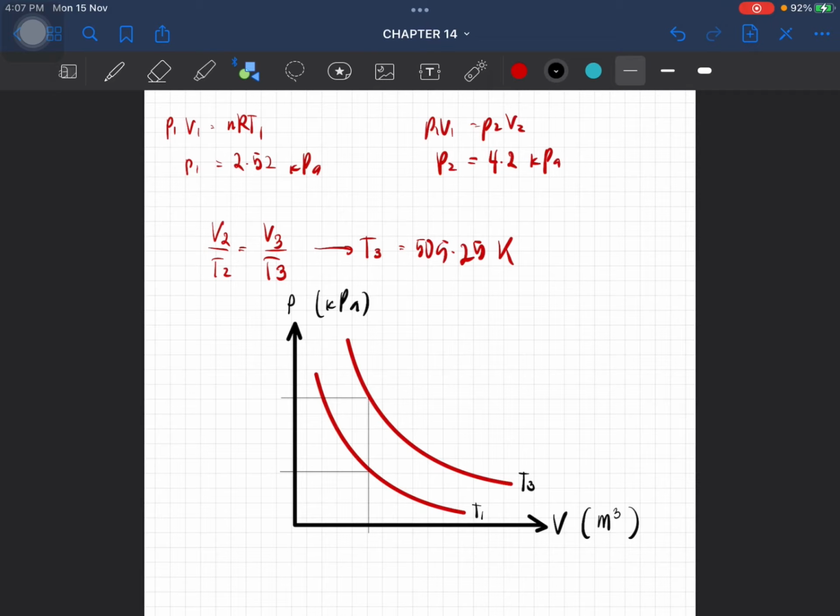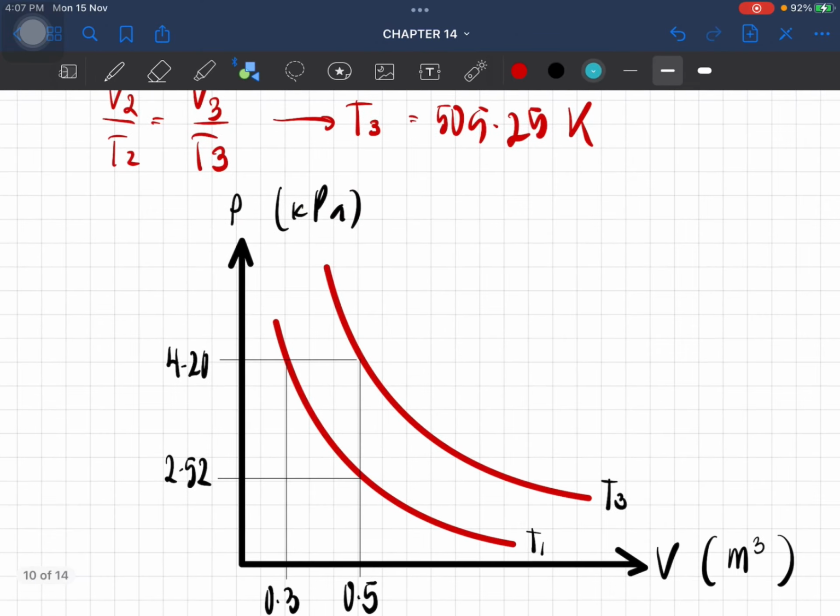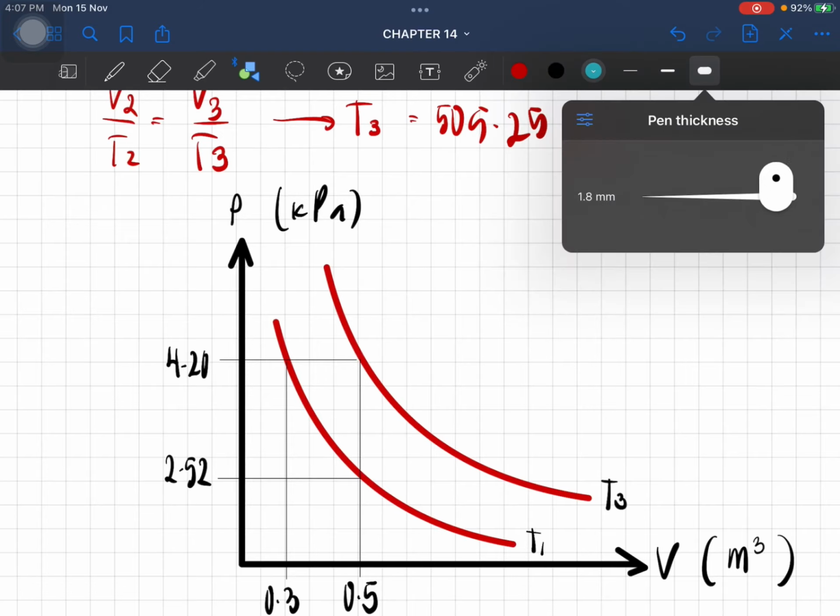Okay, this is the volume there. Let's label the volume. So this is 4.2, this is 2.52, and then this is 0.3, this is 0.5. Now we can draw the line.